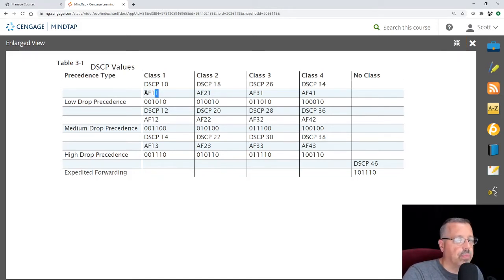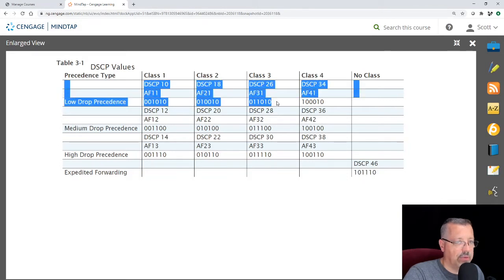So first of all, there is a class 1, a class 2, a class 3, a class 4, and this expedited forwarding. So this is a high priority. It's usually voice, and it'll be pushed through regardless. Then there is, and I don't like the way this table is laid out, a low drop precedence, which means it probably will not be dropped.